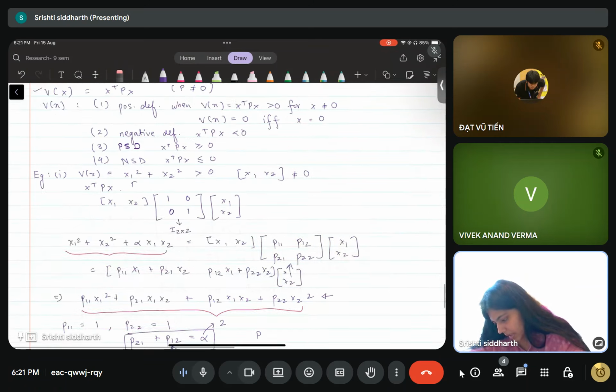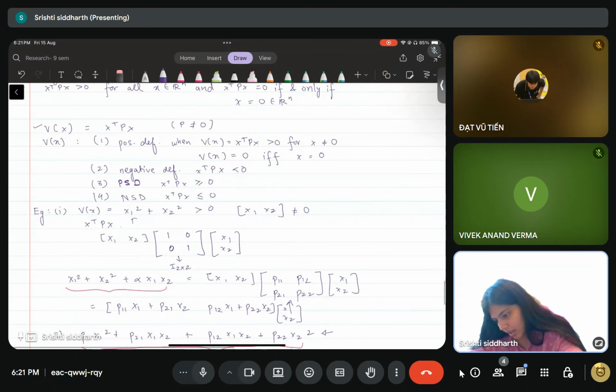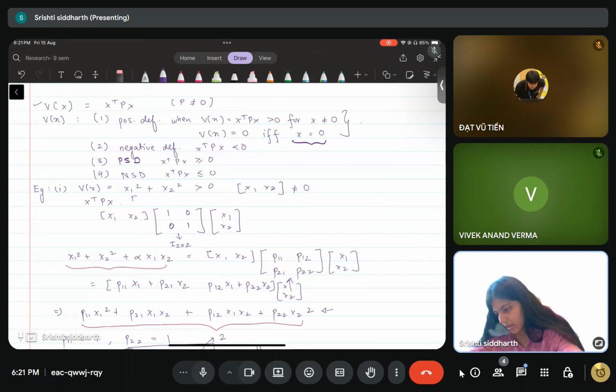So let's check the criteria for positive definiteness. It should be greater than 0 for all non-zero x, and if it's 0, the only possibility is that the vector itself should be 0. So this is not our case.